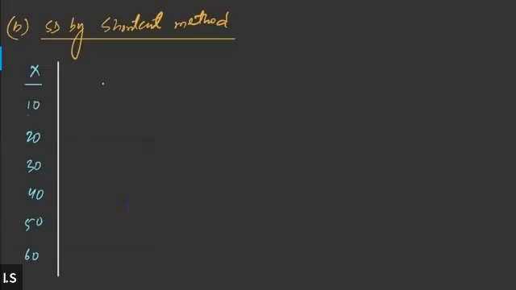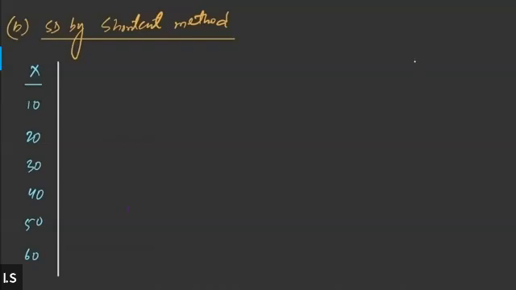Now, this is the question, and the formula for calculating the standard deviation of an individual series by the shortcut method is sigma d square upon n minus sigma d upon n whole square, all under root, right? This is the formula, no?